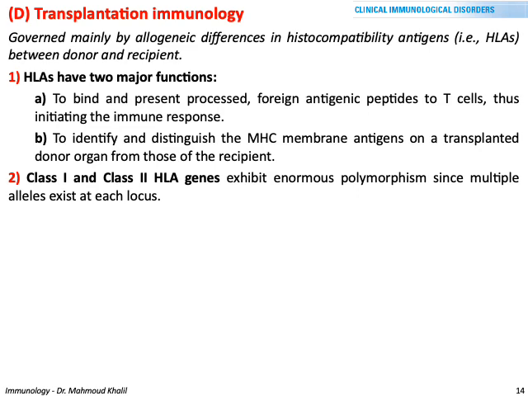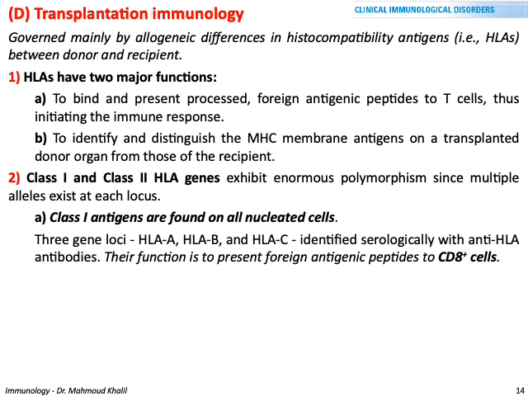There are two classes, which exhibit enormous polymorphism since multiple alleles exist at each locus, and we have discussed that in previous lectures. Class 1 antigen is found on all nucleated cells. Three gene loci control it: A, B, and C, and these antigens can be identified serologically with anti-HLA antibodies.